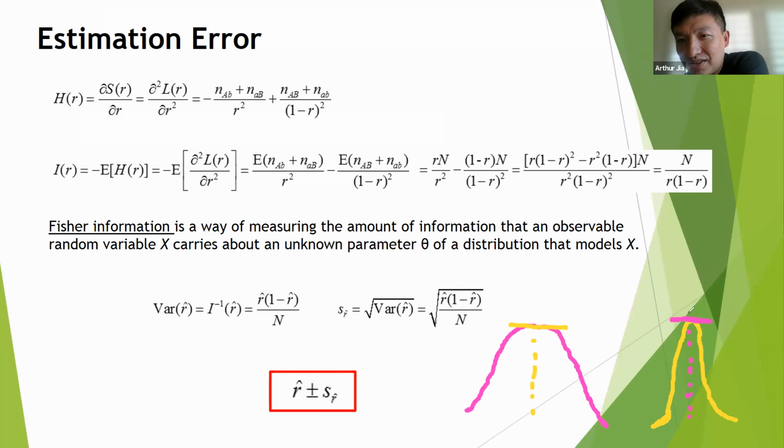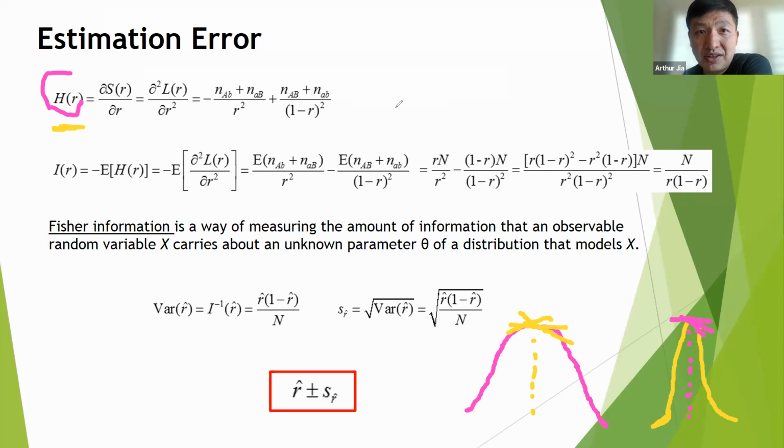Yes, because the second derivative measures how fast the slope changes at this point along the curve. At this point, the slope changes faster than here, right? If you read your textbook, it gives you more information about the second derivative.